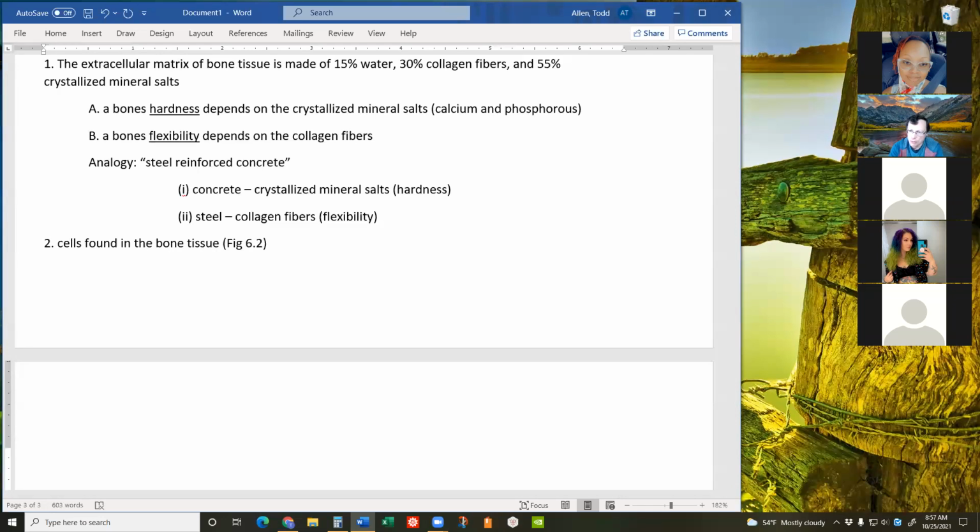So let me start with a caution point here. Our bones are organs. As an organ, it is made of multiple tissues. As a tissue, there are multiple types of cells present. So our bones are living dynamic structures that are constantly in flux and change.